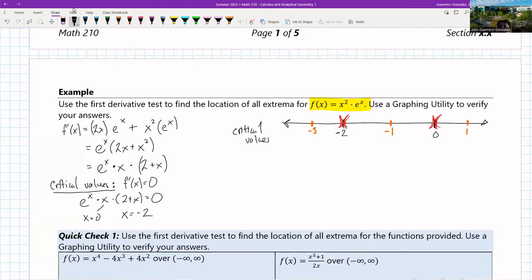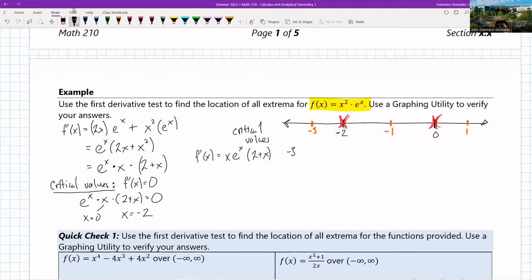So I'm going to do f prime of x. I'm going to rewrite that here. It's x e to the x times 2 plus x, right?